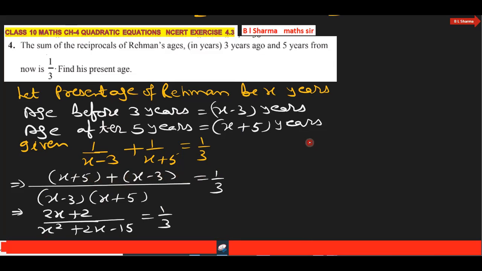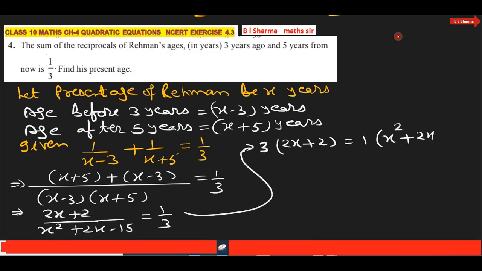we can write 3 into 2x plus 2 into 1 upon x square plus 2x minus 15, that is 6x plus 6, that is x square plus 2x minus 15.